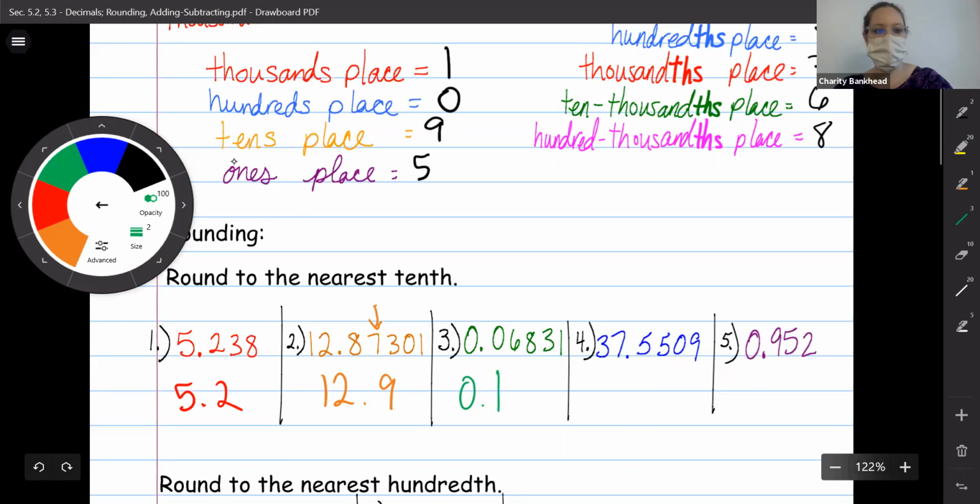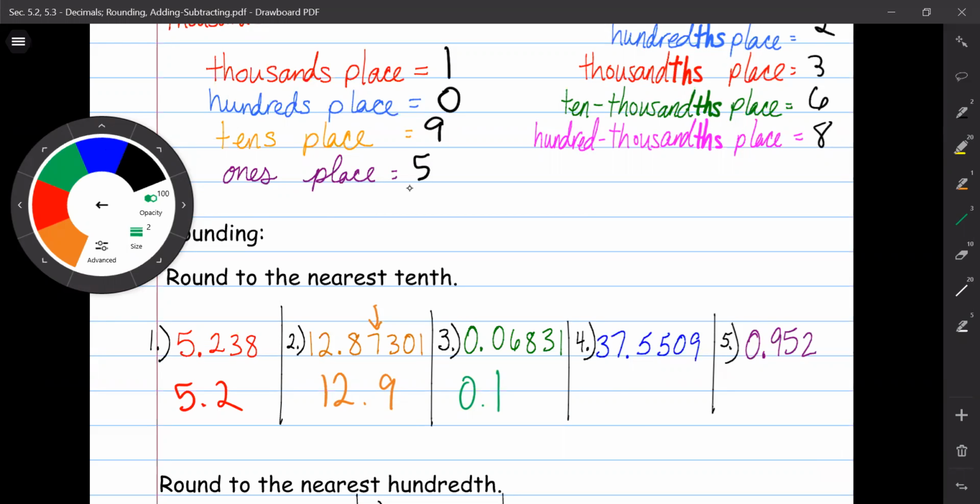And then number 4, we have 37.5509. In the 10th place, we have a 5, followed by a 5. This 5 is greater than or equal to 5. Therefore, that 5 has to get rounded up to a 6. So it turns into 37.6.